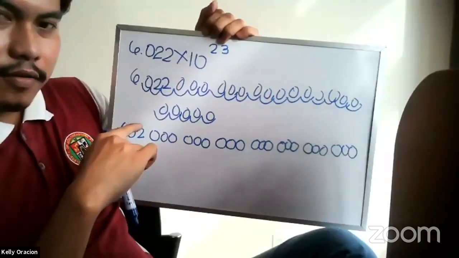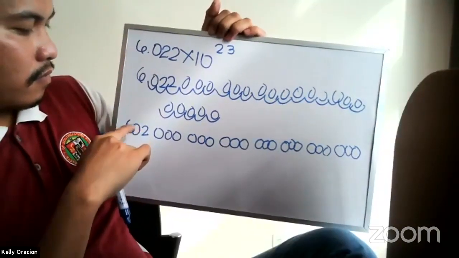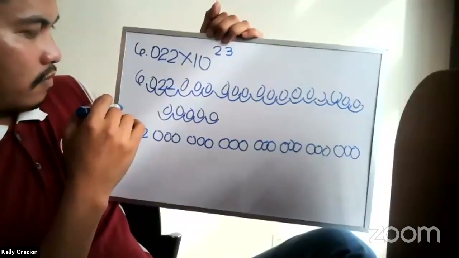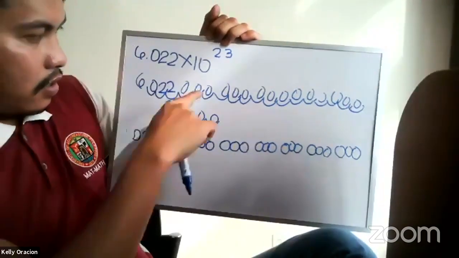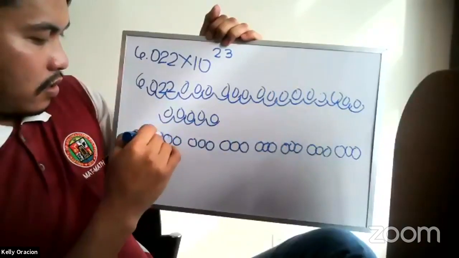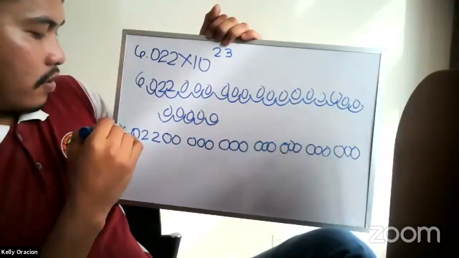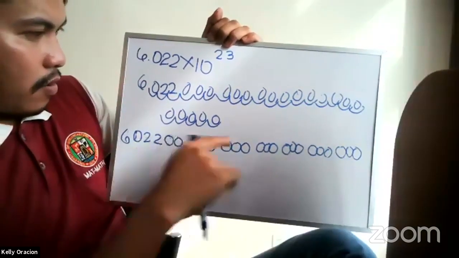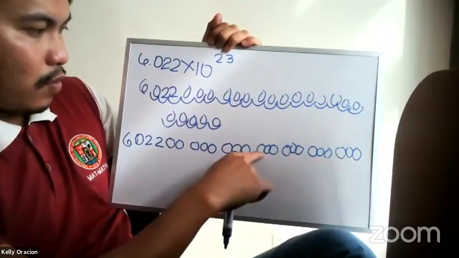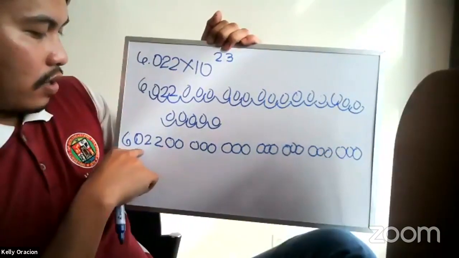Kulangan kag 2, sir. Okay, thank you. Ano ba? 3, 6, 9, 12, 15, 18, 21, 22, 23.